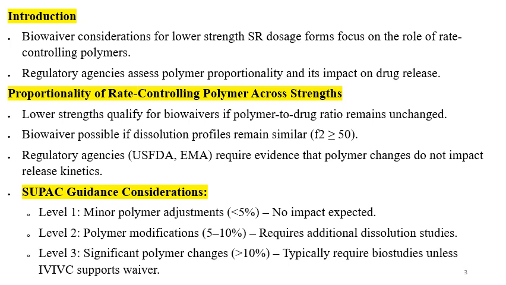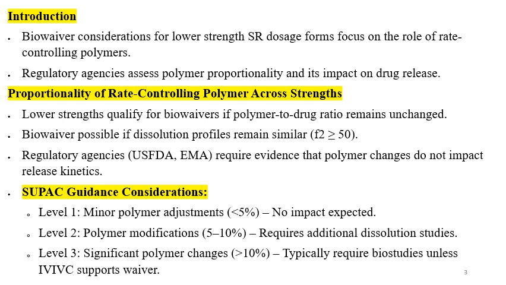Generally we know that, for example, hydrophilic polymer containing tablets or matrix tablets contain higher polymer in the lower strengths if the API is soluble, like metformin, and the proportionality is difficult to meet.